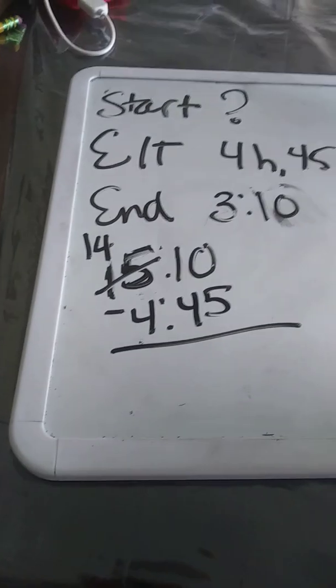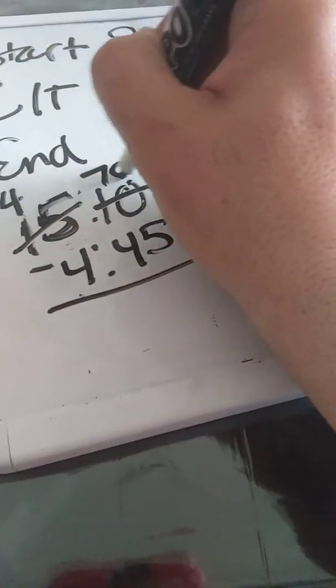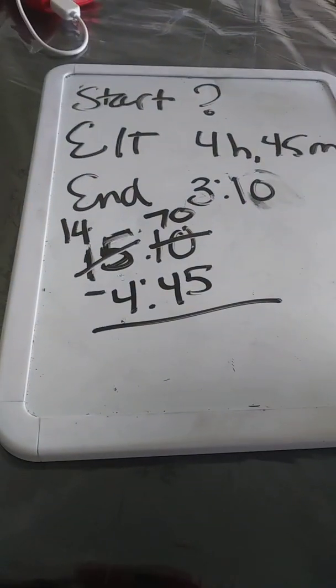So I take an hour away from the 15, and I make it a 14, okay? Now, how many minutes are in an hour? 60. So I'm going to add the 60, remember, not 100 or 10. The 60, because 60 is the minutes in an hour. I'm adding the 60 to the 10, and I'm going to make the 10 70 now, because 60 plus 10 is 70. Now I'm ready to go.